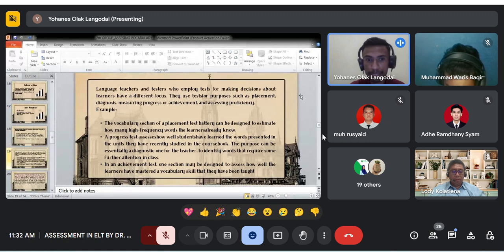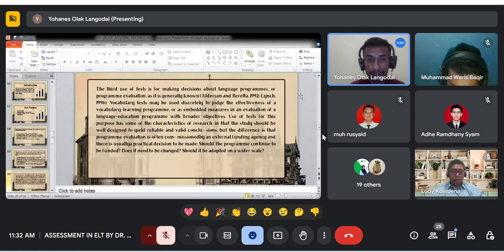The purpose can be essentially a diagnostic one for the teacher to identify words that require some further attention in class. And the last, in an achievement test, one section may be designed to assess how well the learners have mastered a vocabulary skill that they have been taught.